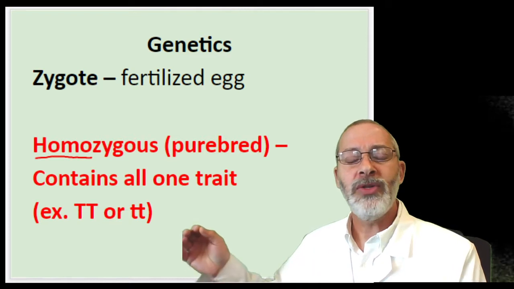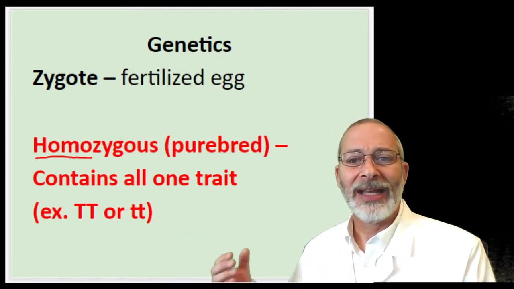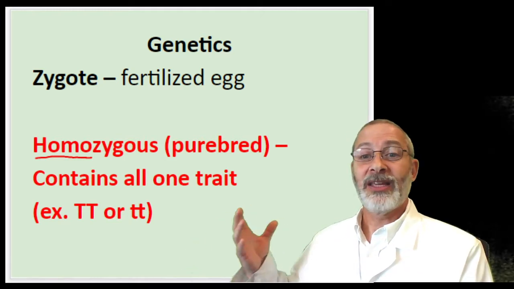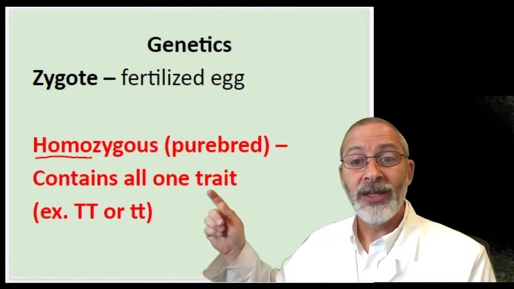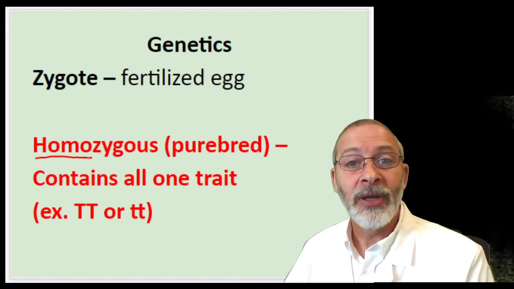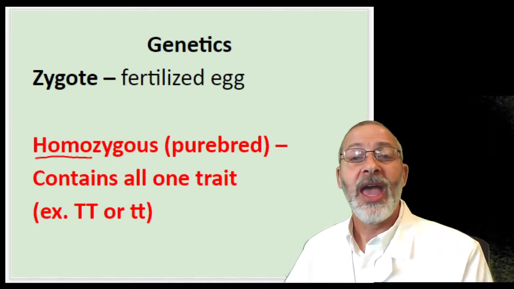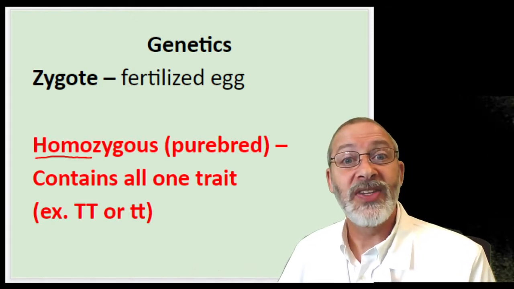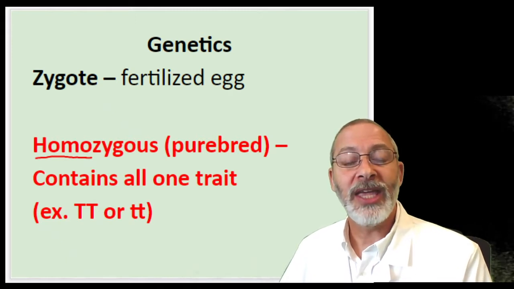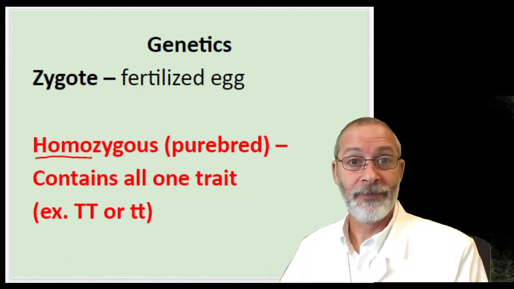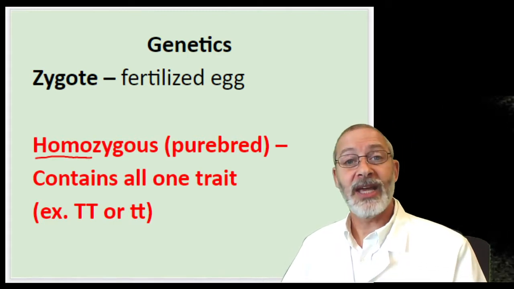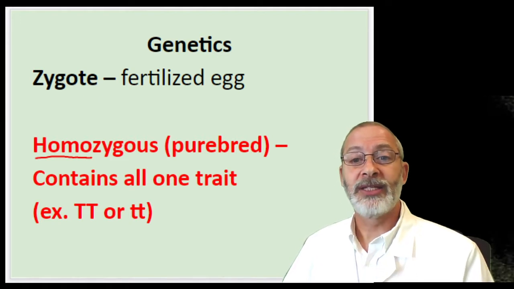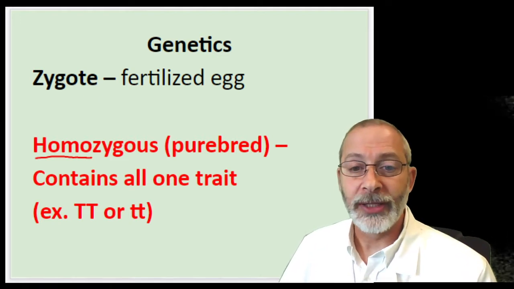So homozygous is a word that literally means a zygote that contains all one trait or all the same kind of trait. And another word, a similar word, a synonym for homozygous is purebred. A purebred technically is a homozygous creature, contains all one trait.